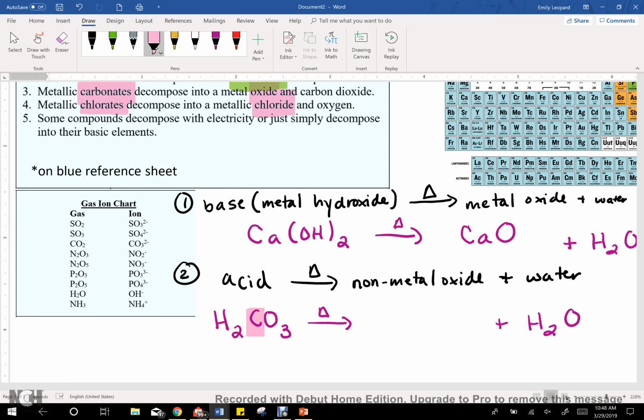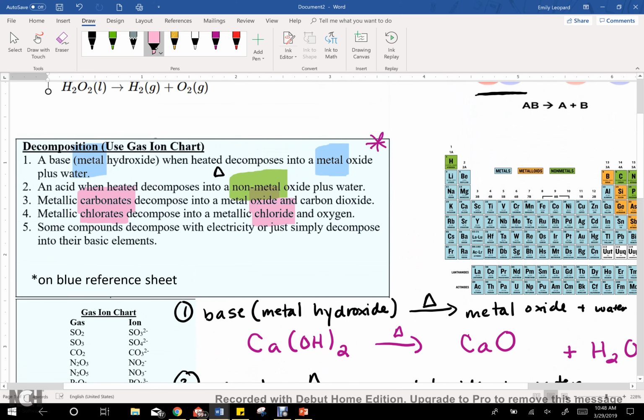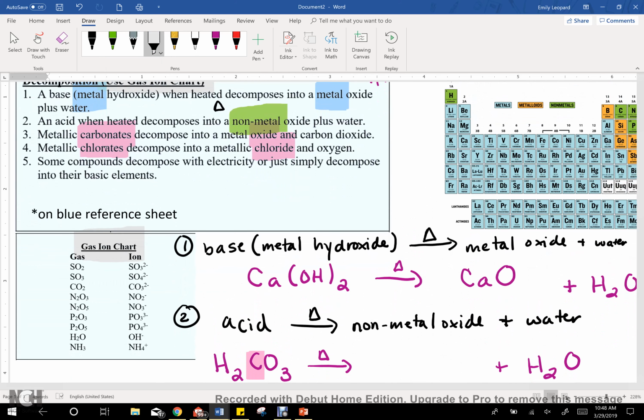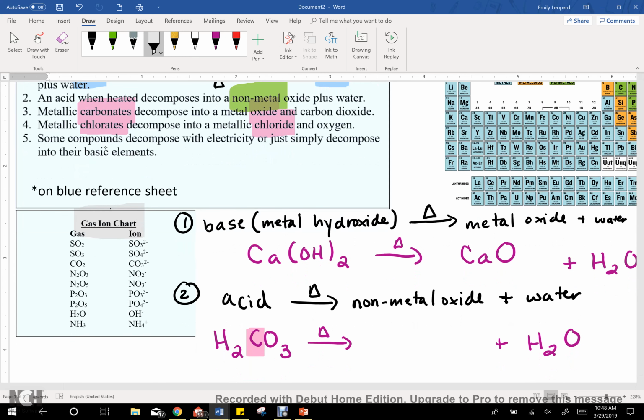And so what you're going to do is, if you look at your decomposition rules, they have this phrase after the title that says use the gas ion chart. Okay, so on your blue reference sheet, the gas ion chart is directly below your decomposition rules. And what it's going to help you do is figure out your non-metal oxide based on what ion you started with.